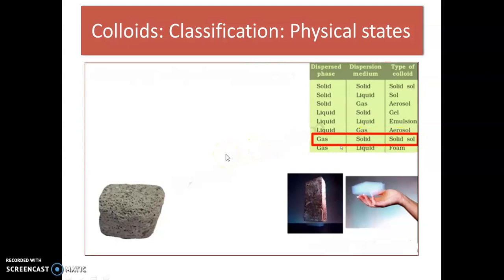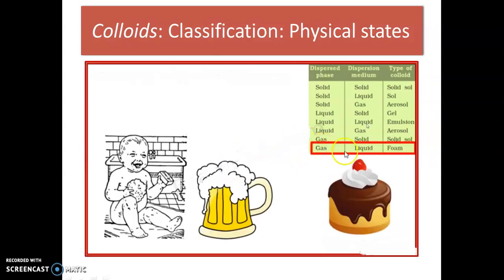In the previous part adsorption, you have already studied about silica gel, which is a main source of adsorbing gases, that is gas in solid. And last one is gas in liquid, that example is foam. Any type of foam generated by soap or in coffee or in cake.